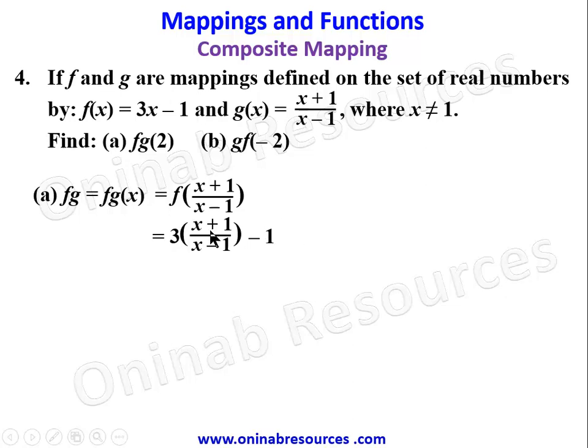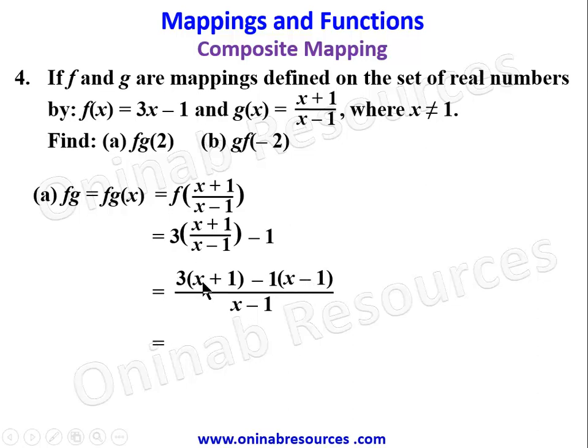Here we are going to simplify this fraction. We take the LCM. This LCM divided by this gives 1 times 3. We have 3 into x plus 1, and again x minus 1 divided by 1 gives x minus 1, multiplied by negative 1. We have negative 1 into x minus 1. So we simplify the numerator.